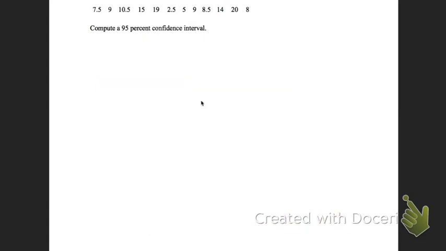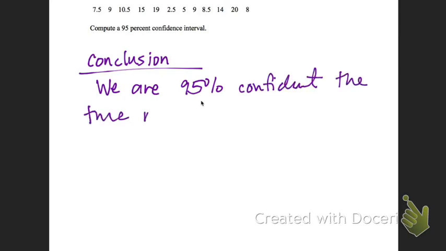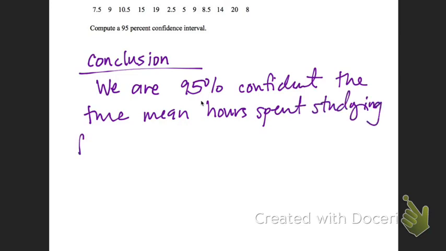So then my last thing would be my conclusion. So we are 95% confident the true mean, what was the context? Hours spent studying for an online course.